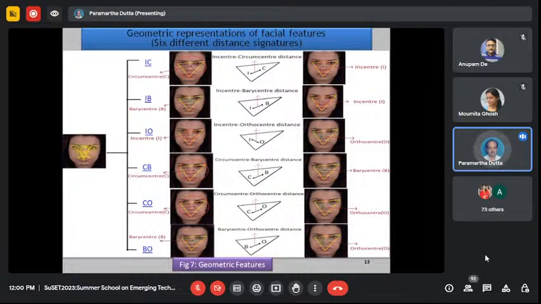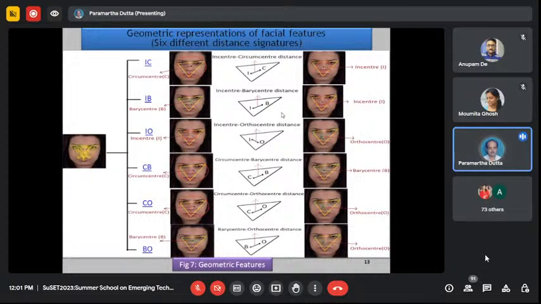So when we are thinking about a sequence of frames, we consider how these distance signatures are changing from one image to the next. So this transition is characterized. What is important is that the change from neutral to surprise is different from neutral to anger, which will be different from neutral to, say, happiness, and so on and so forth.